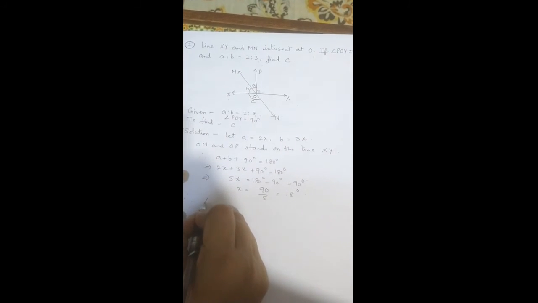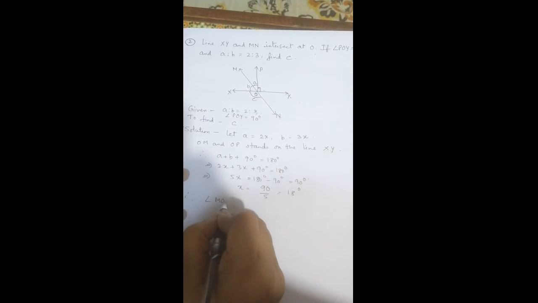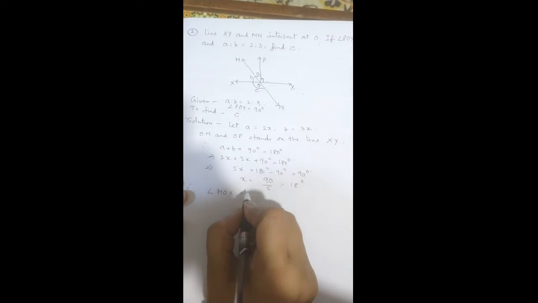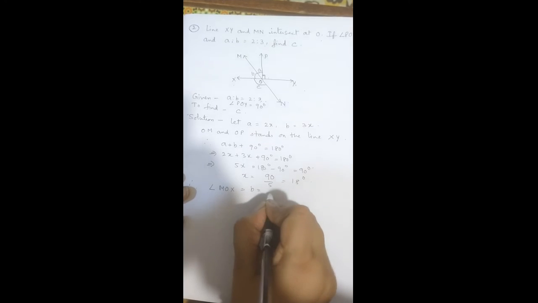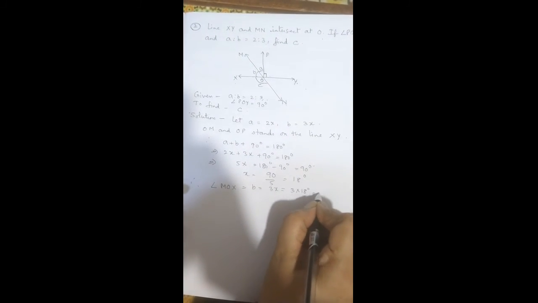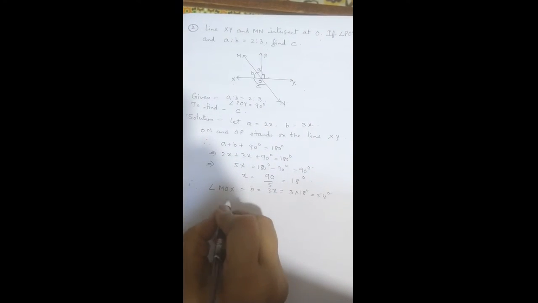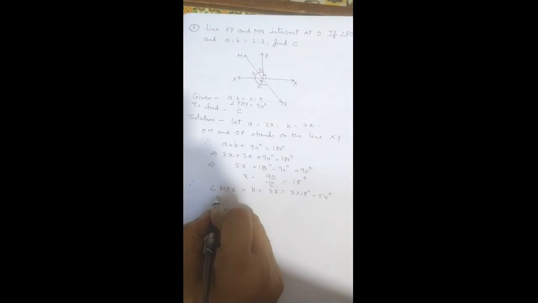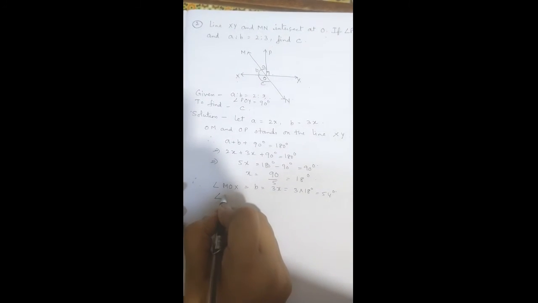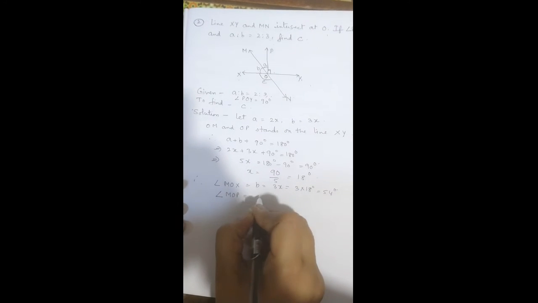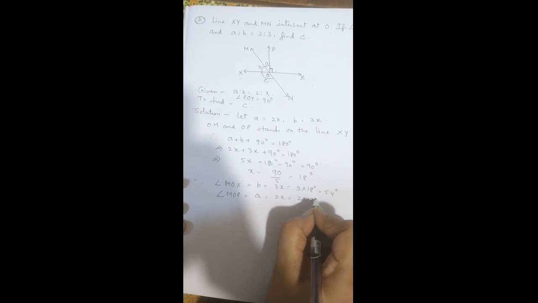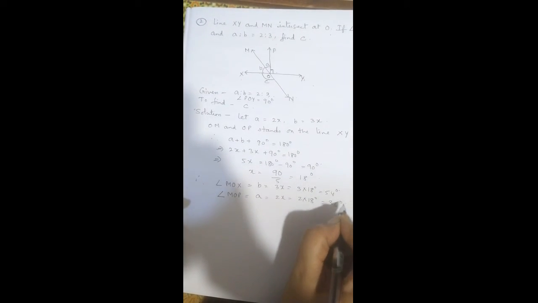Therefore, angle MOX equals B, that is 3x, that is 3 into 18, that is 54 degree. And angle MOP equals A, that is 2x, that is 2 into 18, that is 36 degree.